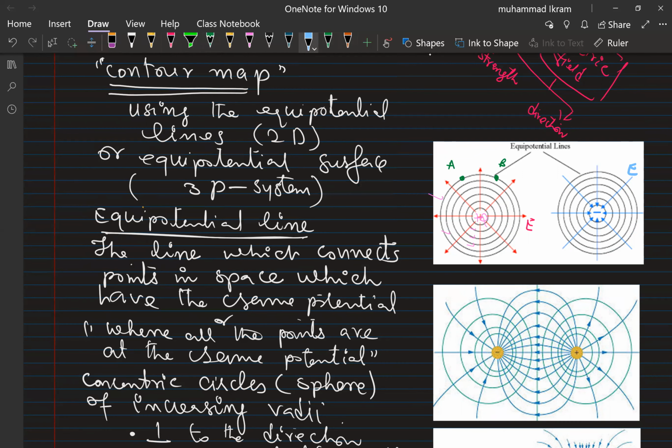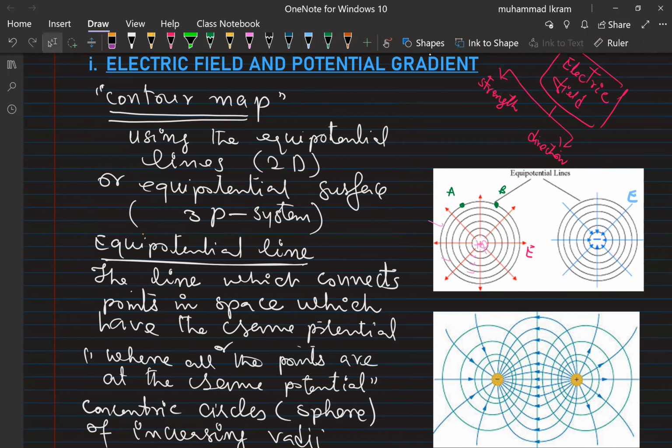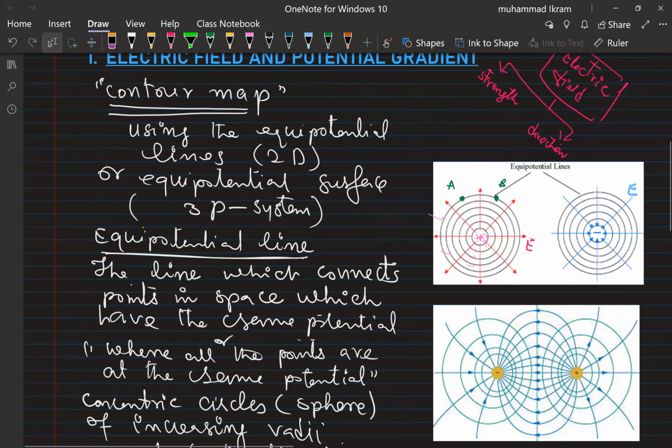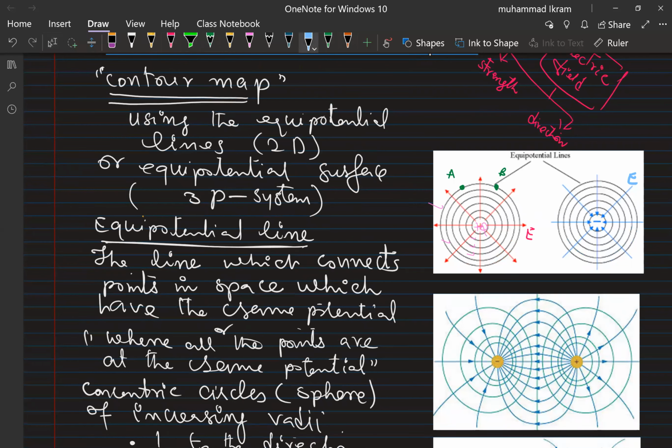So here you see, if you have a test charge Q naught like this, and you want to move the test charge Q naught in the direction from A to B, then what will happen?